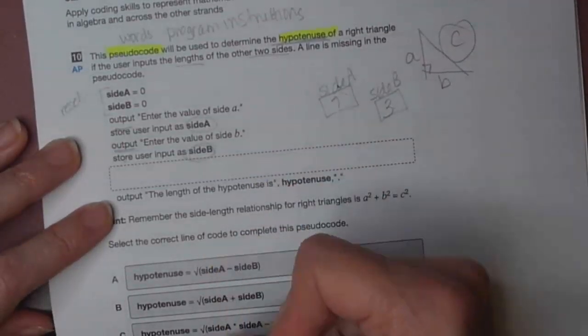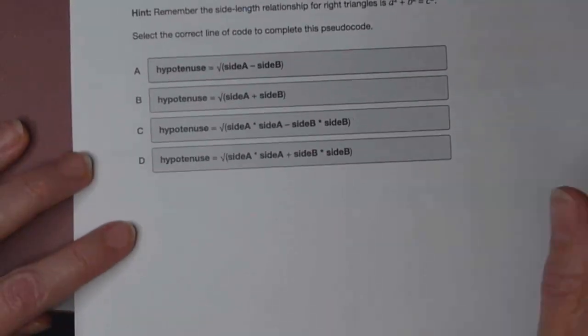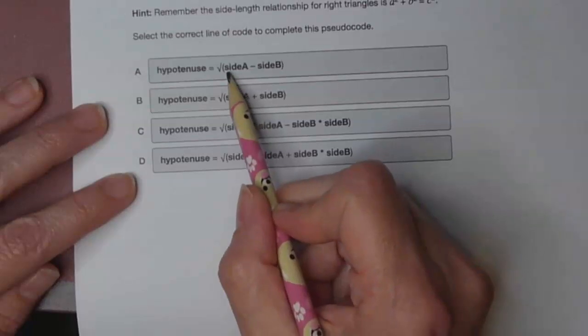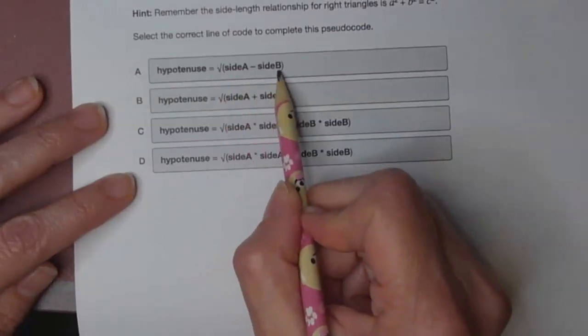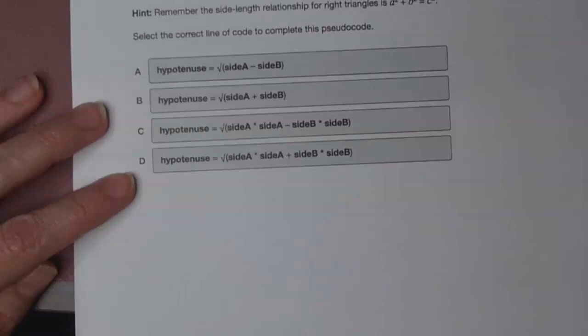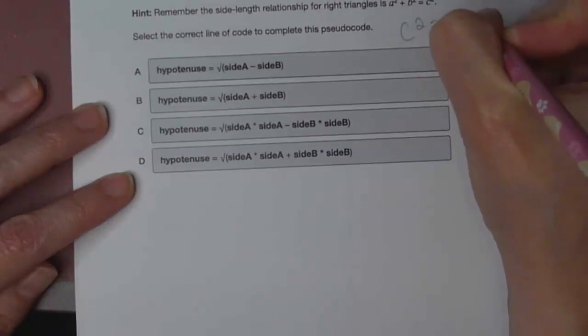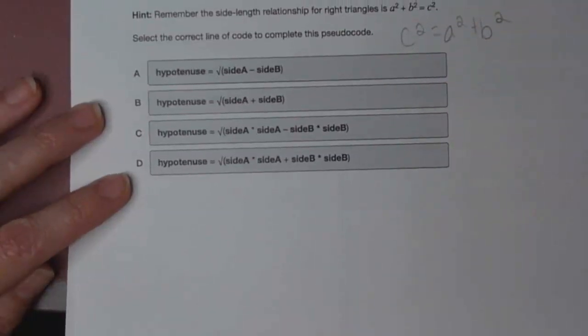So where are we going to figure out the math? Well, it's going to have another variable called hypotenuse. Is it the square root of side A minus side B? How do you figure it out? Well, you know what the formula is, right? C squared equals A squared plus B squared. You know that's what it is.